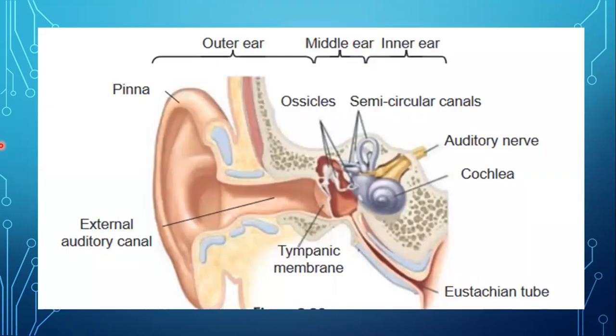Here, sound waves created by the vibration of the objects travel through the external auditory canal and vibrate the tympanic membrane. The vibrations are then transmitted to the cochlea through the ossicles.